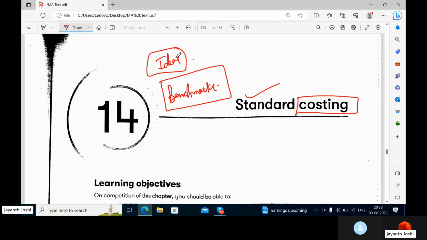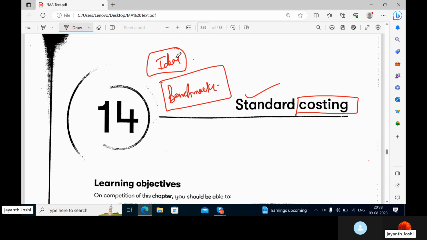Because I cannot estimate what is going to happen in actuality, but I can definitely estimate what should be. What should something be like? I can definitely estimate that. What is going to happen in actuality, I can never estimate that.